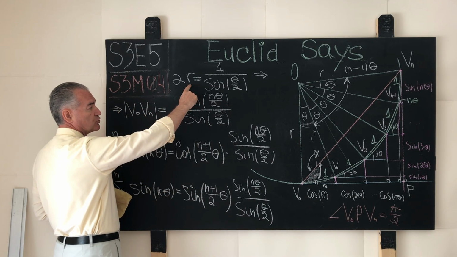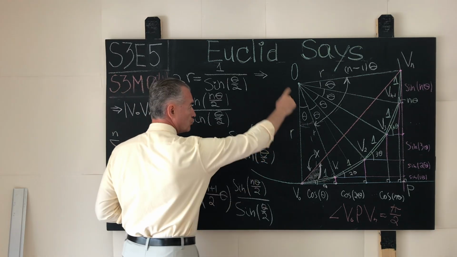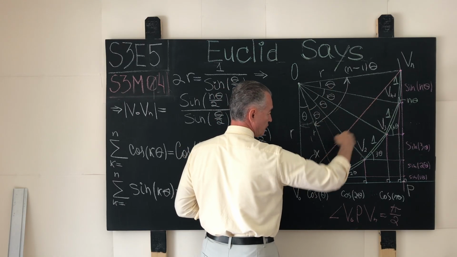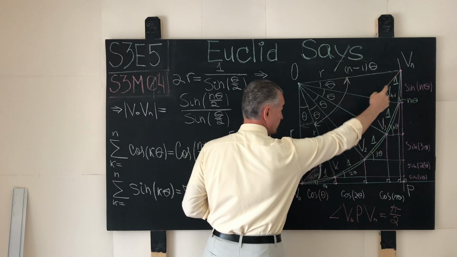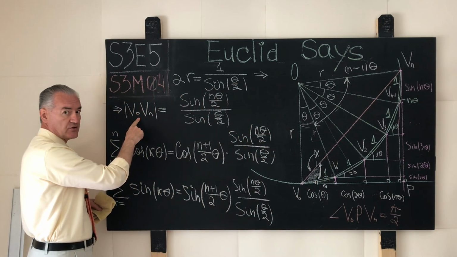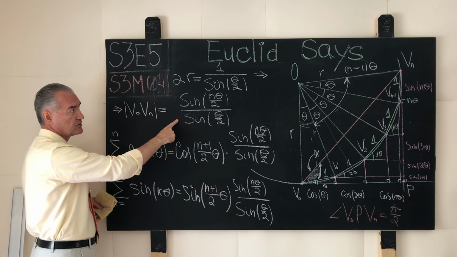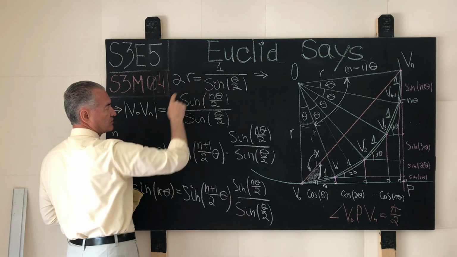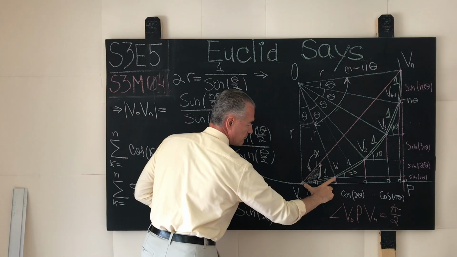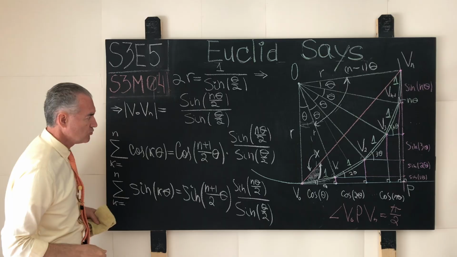We put this 2R into our formula for 2r times the sine of theta over 2 for the length of the base V0 Vn, and voila, we realize that the length of this line segment V0 Vn is precisely given by this, because there is 1 lurking over here. 1 is the unit of length of the base of this isosceles triangle, and the game is over.